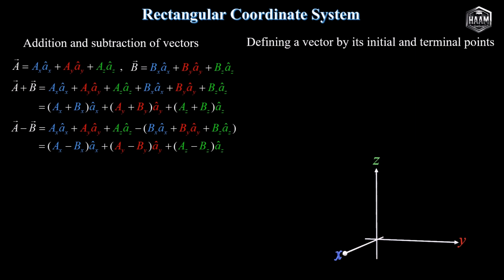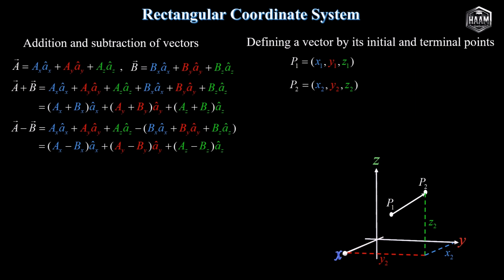Suppose we have a vector connecting point P1 to point P2. Vector P1P2. Point P1 has coordinates x1, y1, and z1. Point P2 has coordinates x2, y2, and z2.